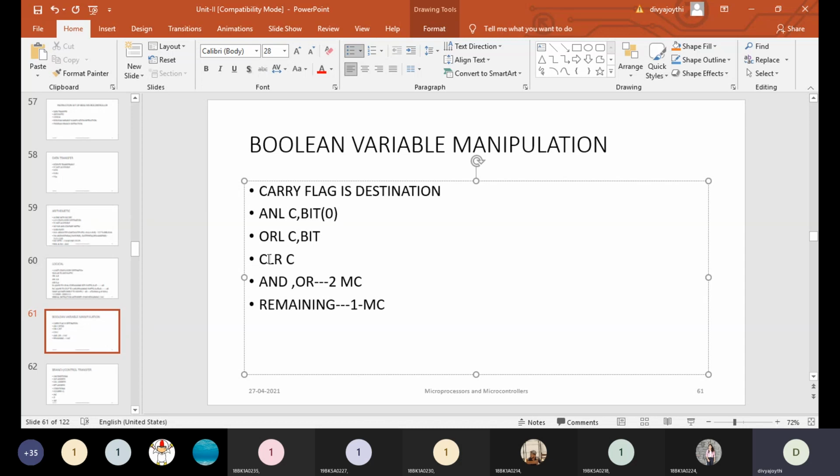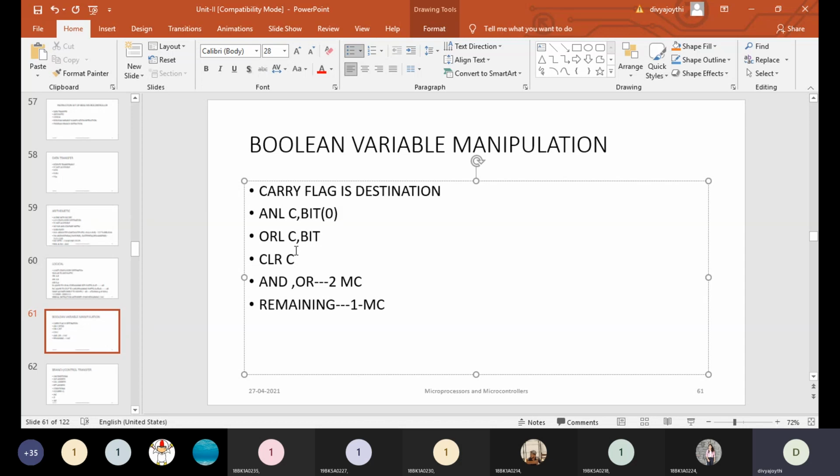And this instruction says clear carry flag. So if you see the three instructions which I have represented here, in these three, the destination is carry flag only. So carry flag should be the destination register whenever you are dealing with the Boolean variable instructions of 8051 microcontroller.